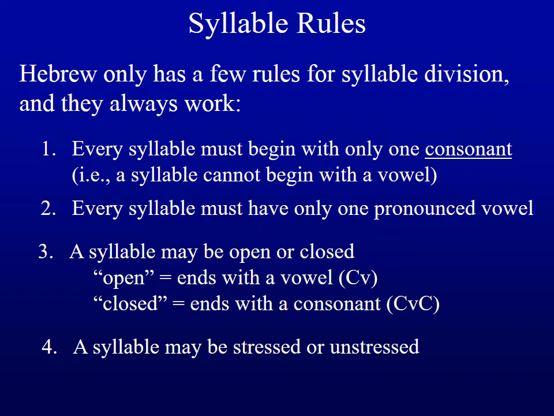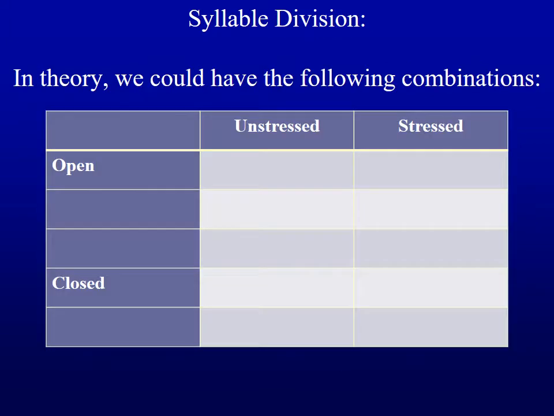These are the rules for syllable division. One consonant at the beginning, only one vowel in the syllable. You can either have an open syllable or a closed syllable, and syllables may be either stressed or unstressed. So in theory, we could have the following combinations. We could have a syllable that is a consonant plus a vocal schwa. We could have a syllable that is a consonant vowel. We could have a consonant long vowel or consonant hyperlong vowel.